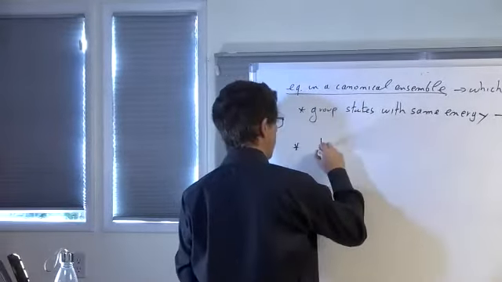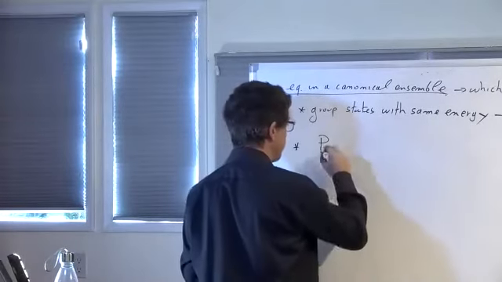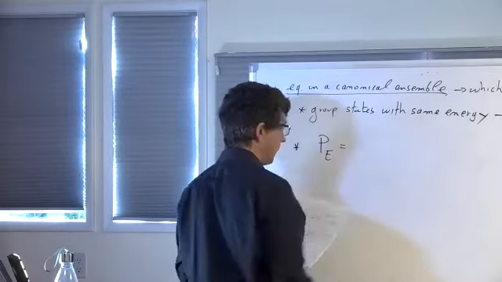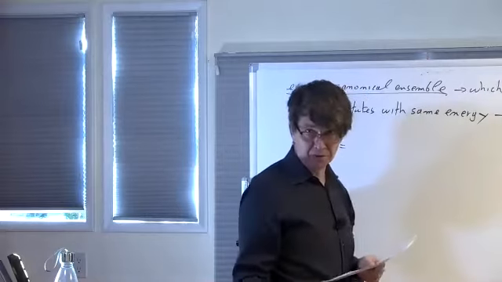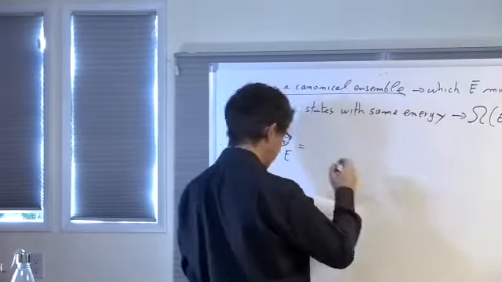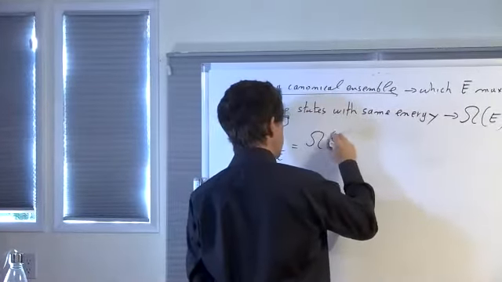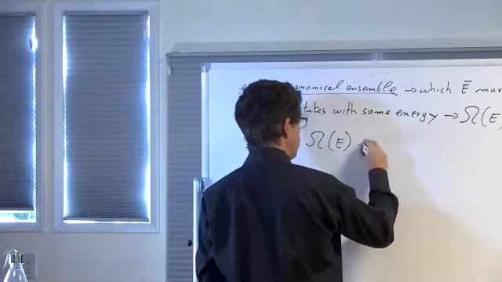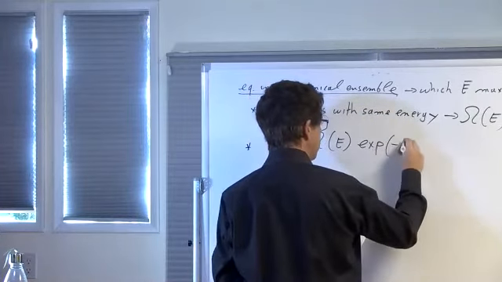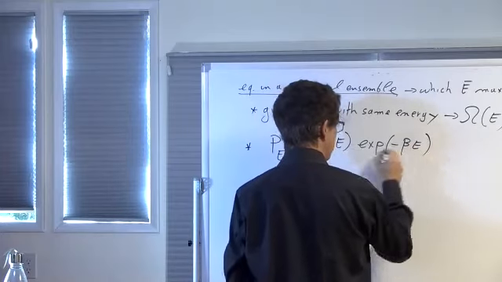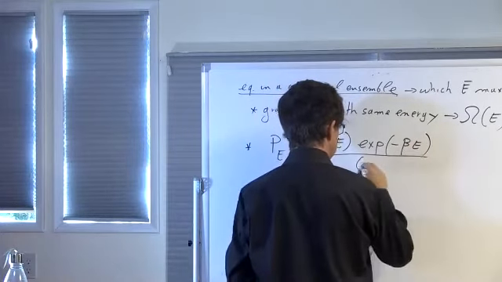So then the probability that I observe a certain energy is the sum of all the states with that energy, right? So it is omega E times the probability that I hit that energy, which is e to the minus beta E over the partition function.